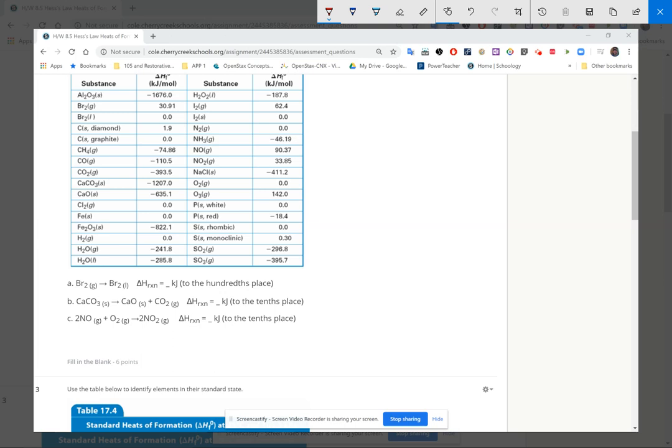For the second one, it's going to be CaO solid plus CO2 gas minus CaCO3. Put all that in parentheses.